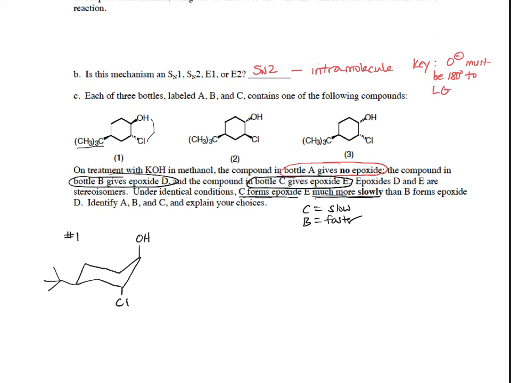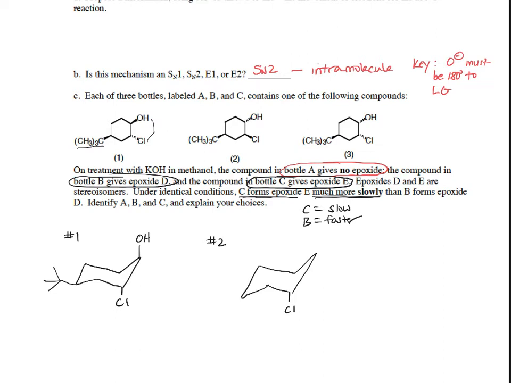Let's do the same with number 2. Draw a chair. And I'm going to put the Cl axial because it's leaving and it has to be axial. So it's axial. The OH is trans to it.